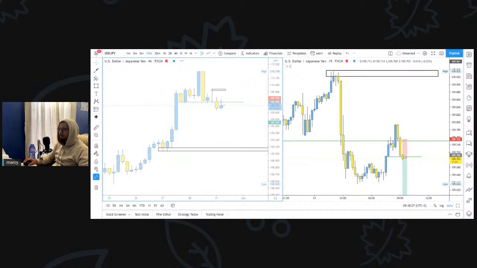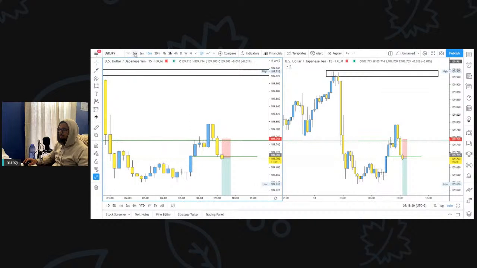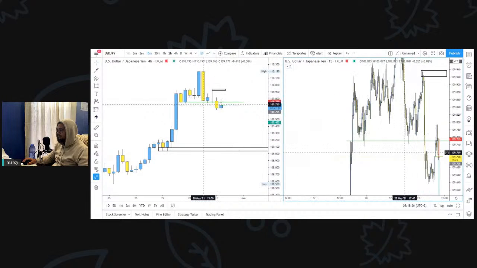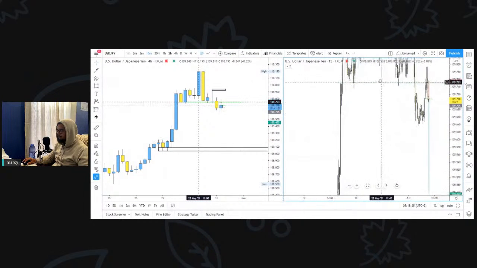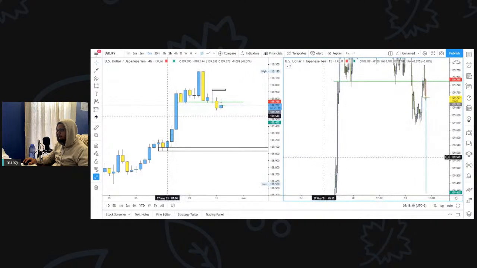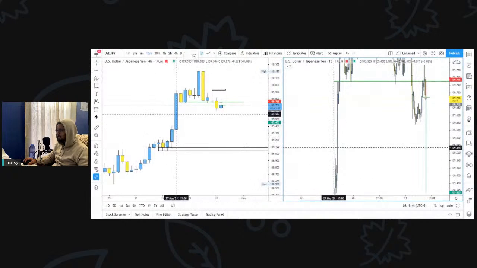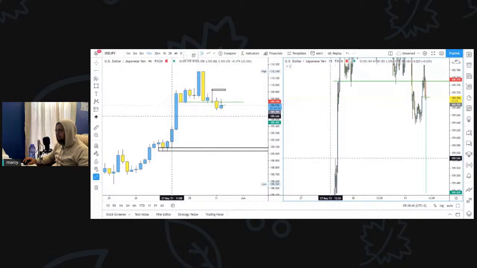Even if we go to the 15M, okay, what I can just do is click here. Look at this. Look at all of this. So what you're looking at right here is this level.